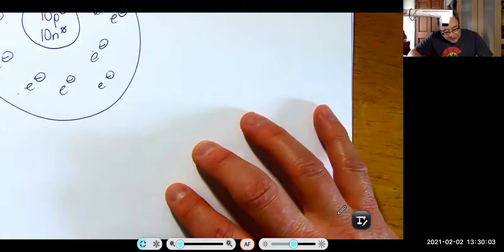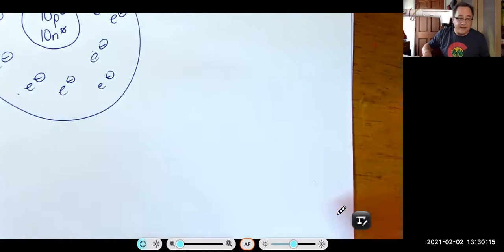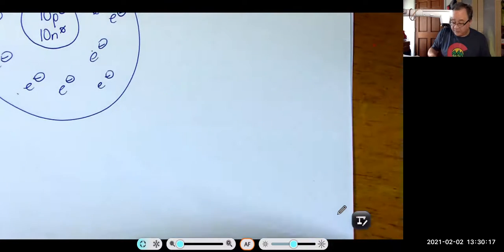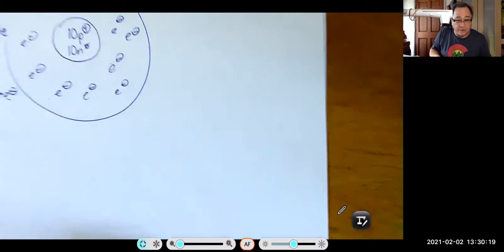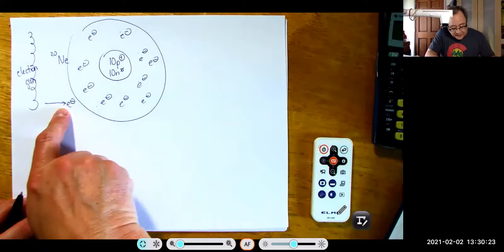Now, I'm going to change that drawing and call this my electron gun. And it's shooting electrons at this atom. And you can't see this because I've got my screen too large here now for what I'm drawing. So here's my electron gun, which is shooting an electron.